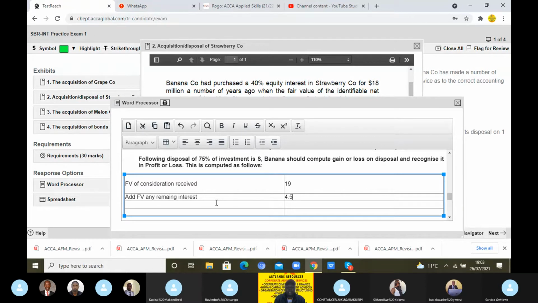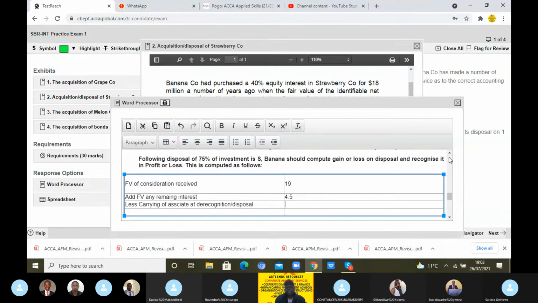And then you say less carrying amount of investment at date of disposal. Remember, you disposed the associate, so the associate is now being derecognized.